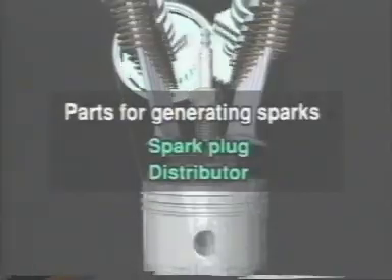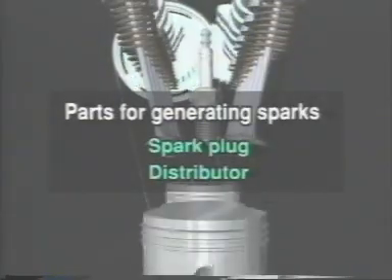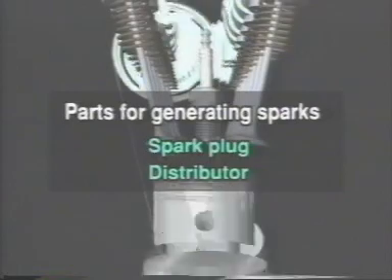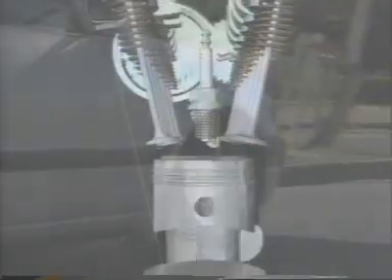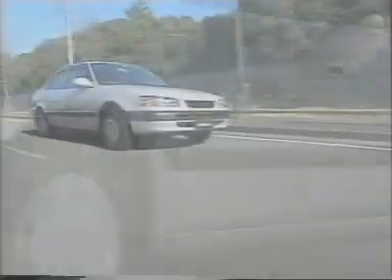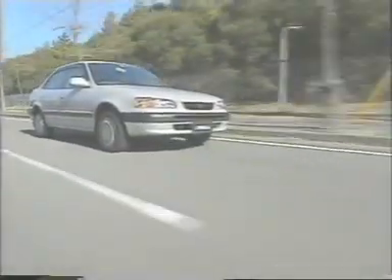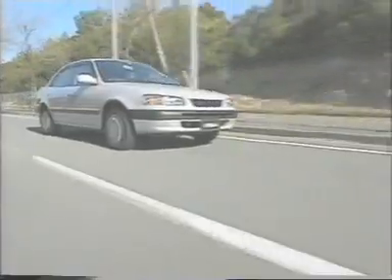Parts for generating sparks are the spark plugs, distributor, etc. These engine parts interact to drive the vehicle smoothly. Now, let's study the major parts of an engine in detail.